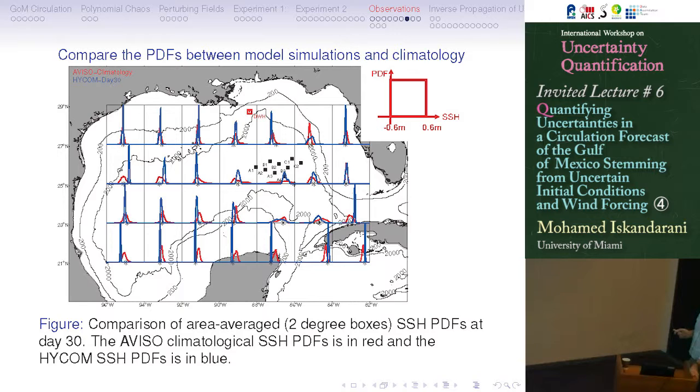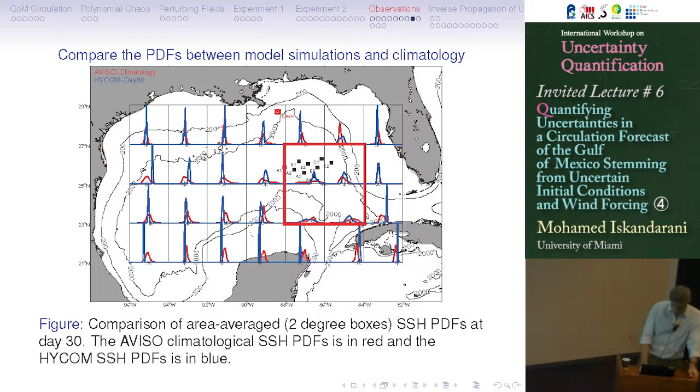In a lot of places, the AVISO turns out to be narrower than the ensemble, and we're not quite sure how to interpret that. In the loop current system, you have essentially lost predictability fairly quickly here, for example, because the 2 PDFs look quite similar.